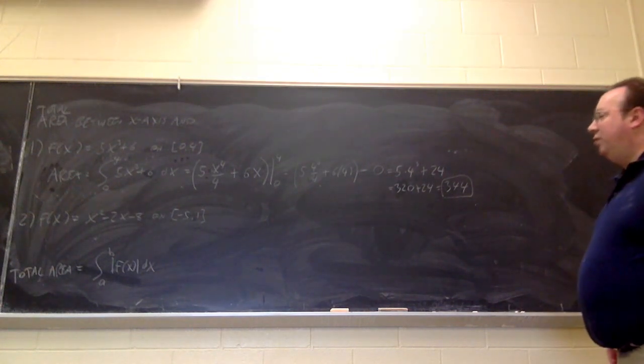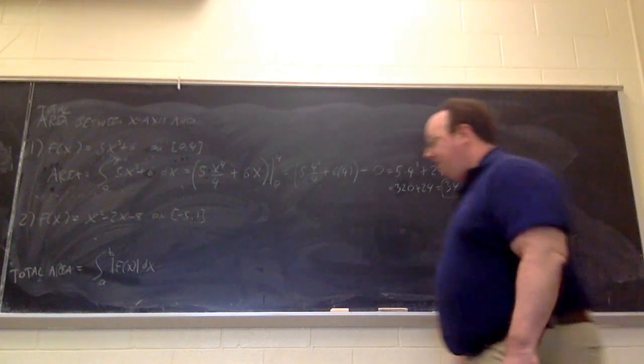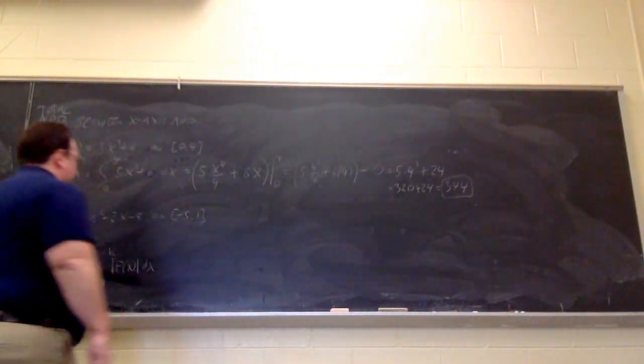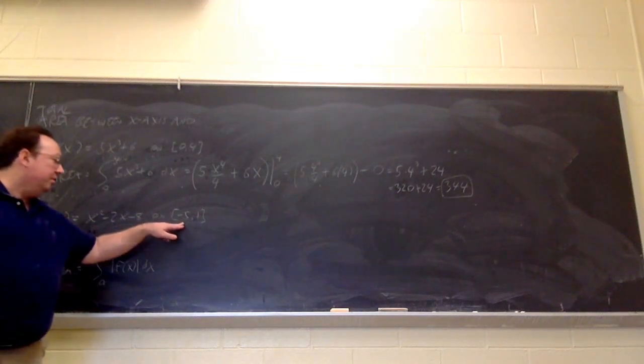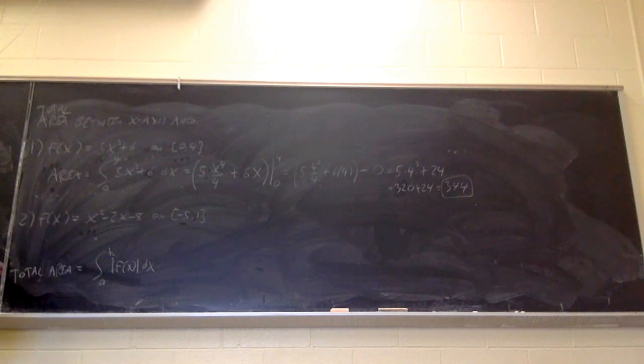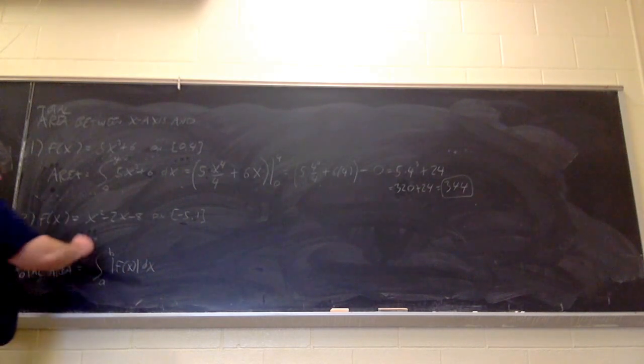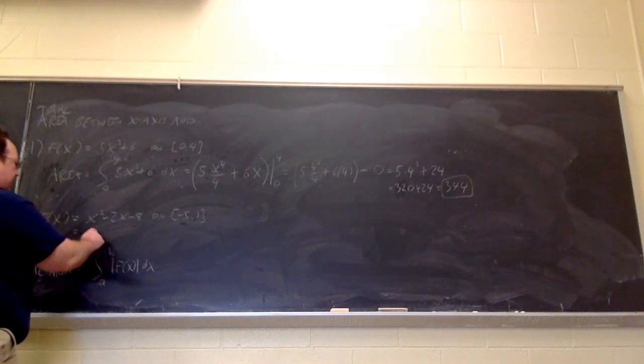Now, the second problem here is going to take a little more work because it's not clear just by looking whether this function is positive or negative on the interval minus 5 to 1. So what we're going to do is find where this function is equal to 0, and then that will help us determine whether the function is positive or negative. To do that, we see that this function can be factored.